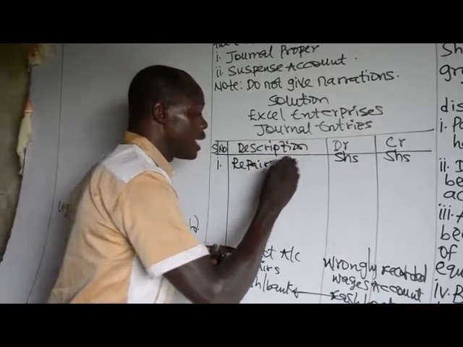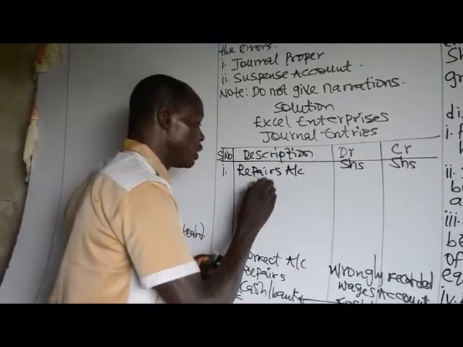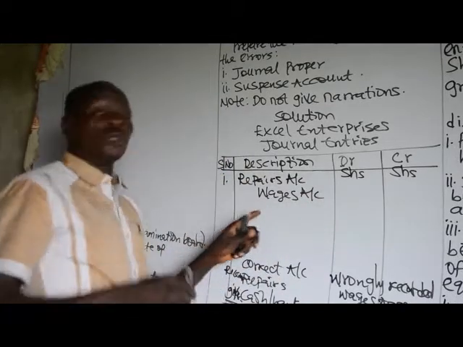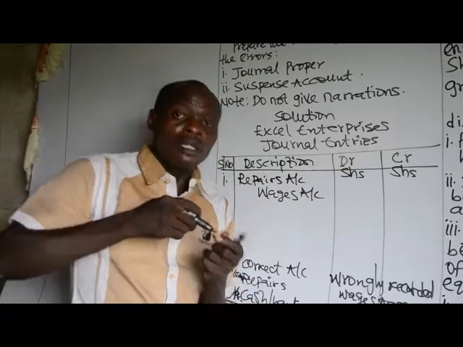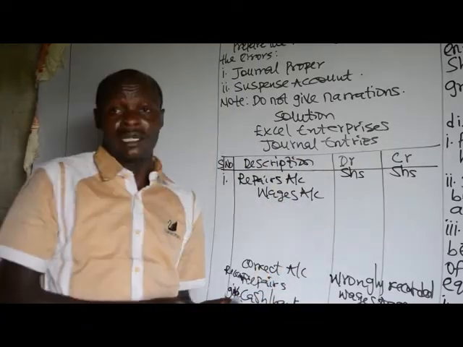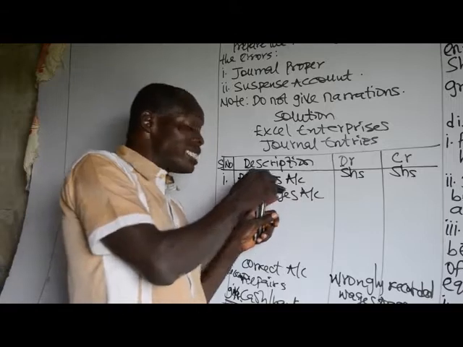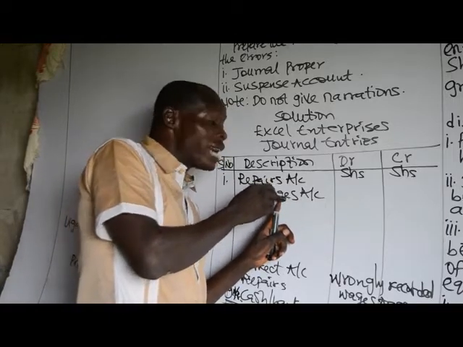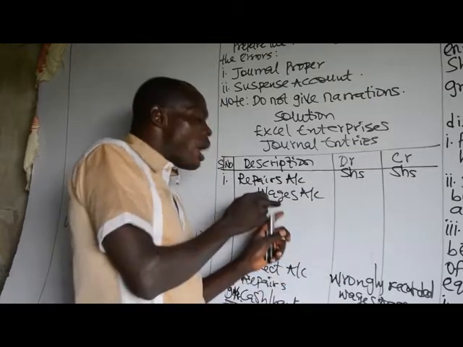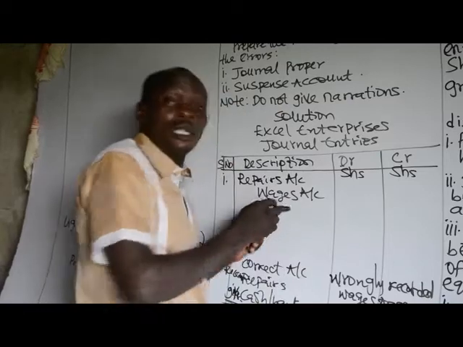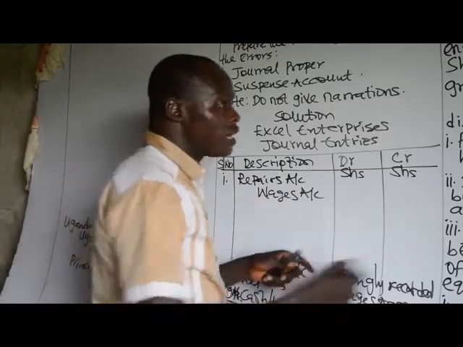So we debit repairs account and credit wages account. You are crediting wages account in order to eliminate the amount that has wrongly been debited to the wages account, since that amount is at the debit side of the wages account.